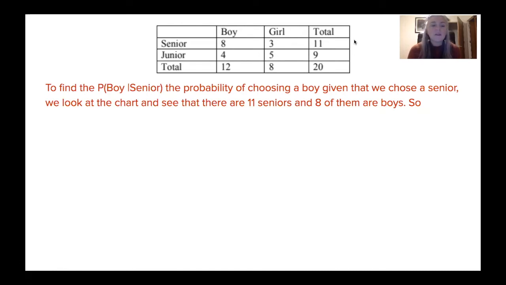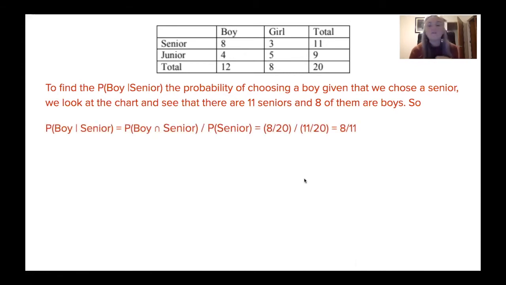It says to find P of B vertical bar senior, the probability of choosing a boy given that we chose a senior. We look at the chart and see that there are 11 seniors and 8 of them are boys.